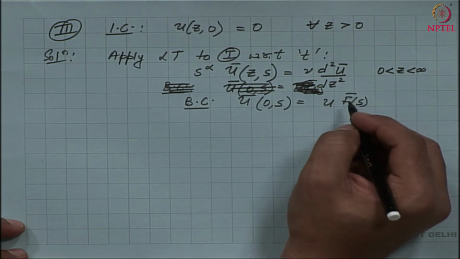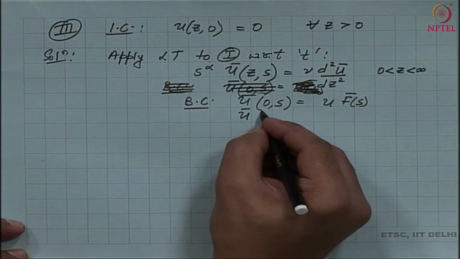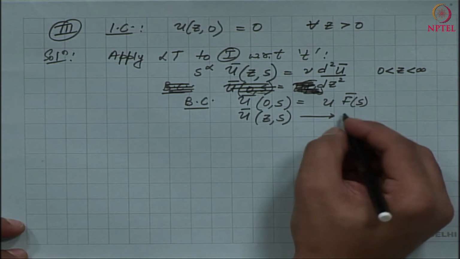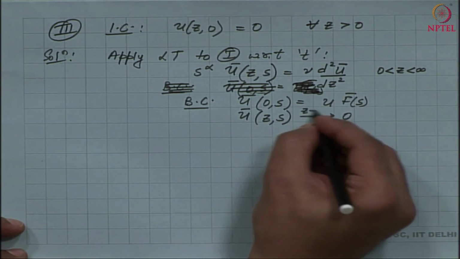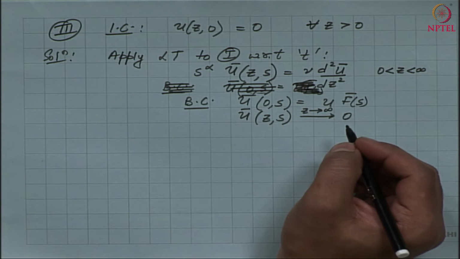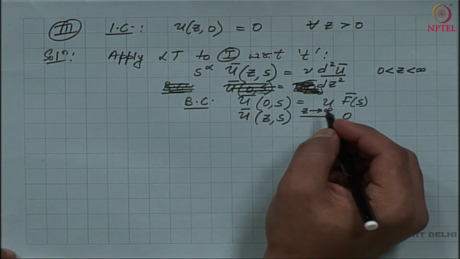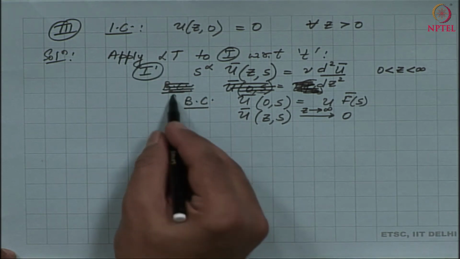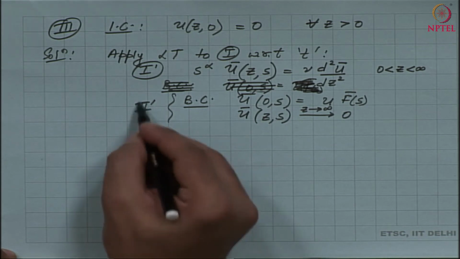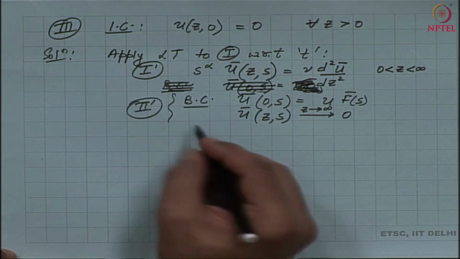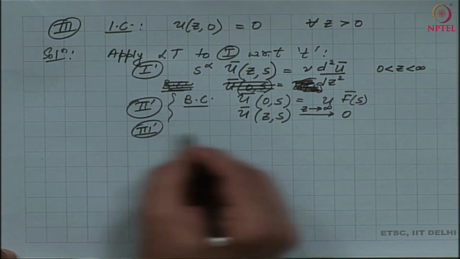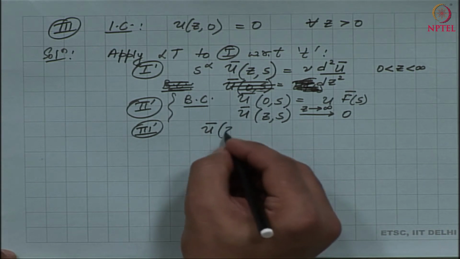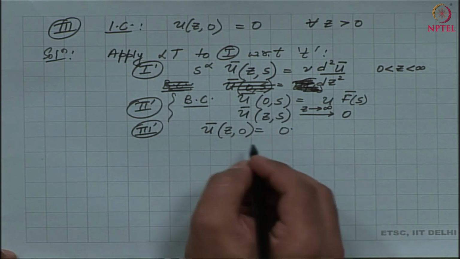Okay. So, then further the second boundary condition says that u bar at z comma s should be bounded or decays to 0 when z goes to infinity. Okay. So, such is the solution that I am trying to find out. So, this is my 1 prime and these are my boundary conditions 2 prime, and of course, my initial condition 3 prime is u bar at s equal to 0 is 0.